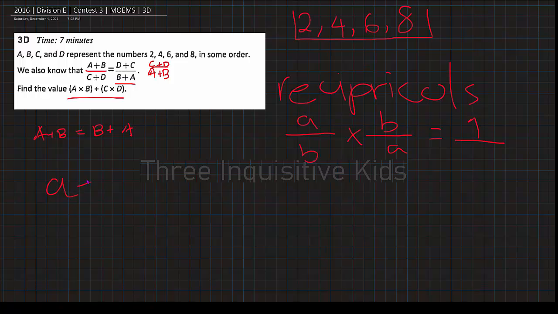So these two fractions times together equals 1, which means that each of these fractions equal 1 themselves, because we do know that 1 times 1 equals 1.